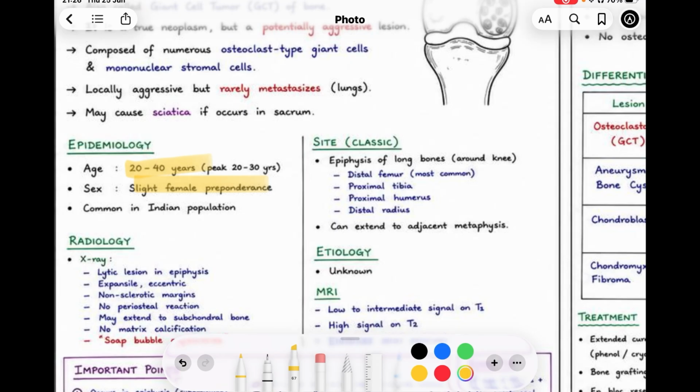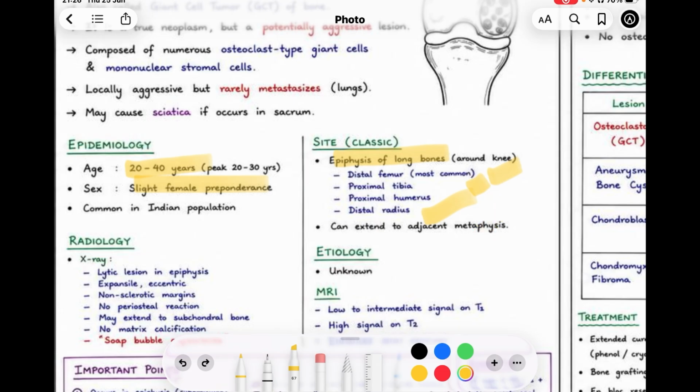Now let's see the site. This giant cell tumor is seen in the epiphysis of the long bones. You have to remember this to get your question right. The most common locations are distal femur, proximal tibia, proximal humerus, and distal radius. Distal radius is classic, and the etiology is unknown.